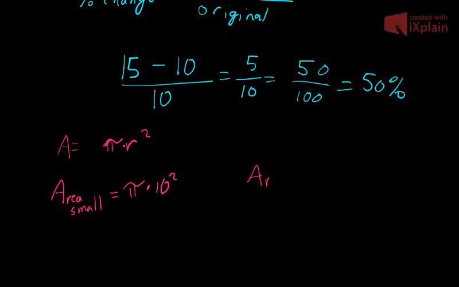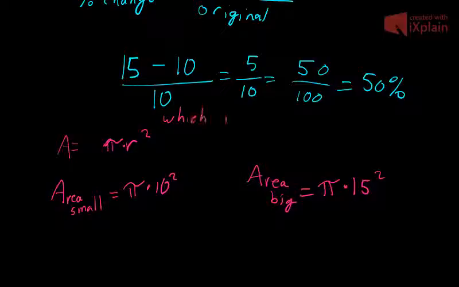And my area of my big pizza is going to equal pi times 15 squared. So I'm going to ask you again, which is bigger? Obviously the big one's bigger, but I want to know by how much.